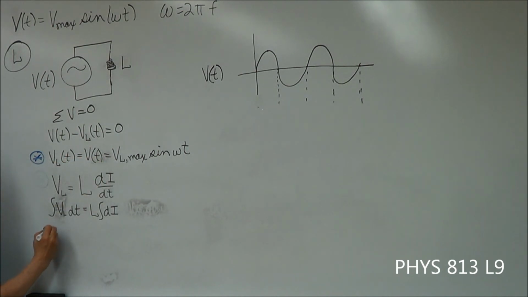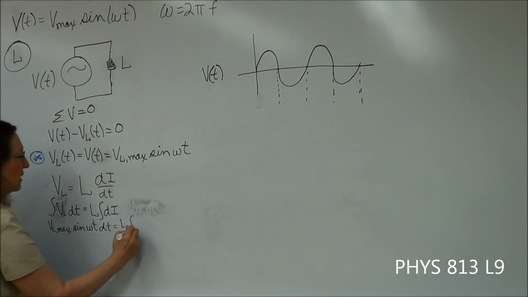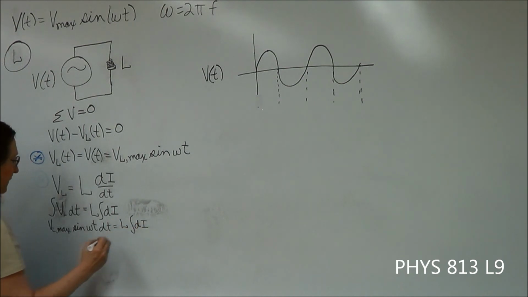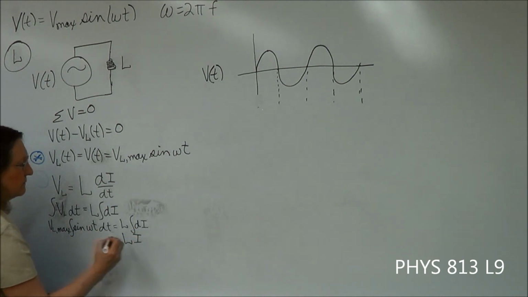So we're going to put this VL max sine omega t dt is equal to L integral di. Now, since VL max is a constant, it can be outside the integral, so I'm going to put my integral sign right there. Okay, we'll do the right side first because it's easy. So L and the integral of di is just I.